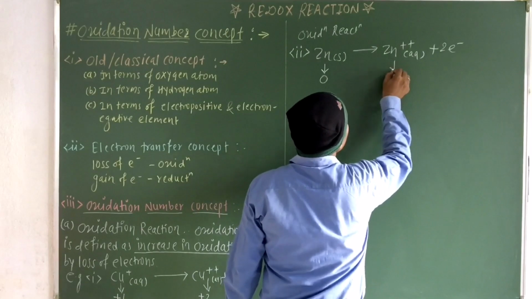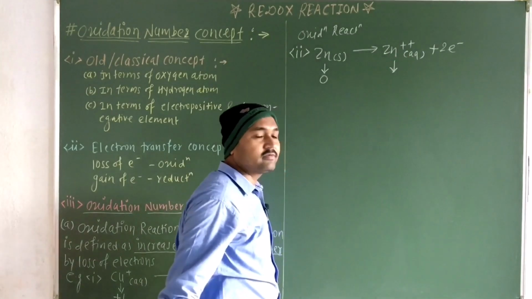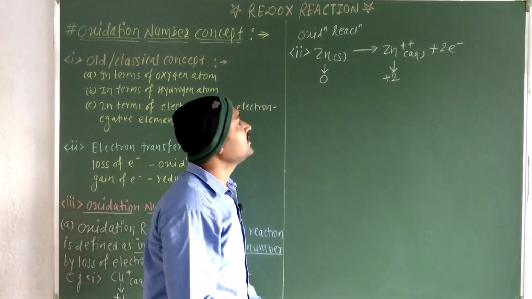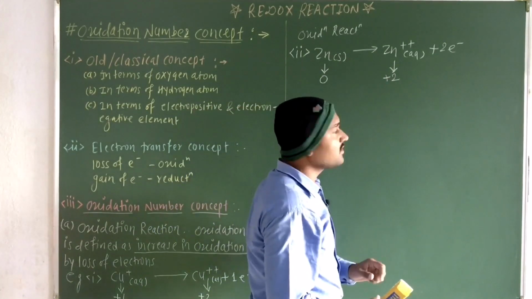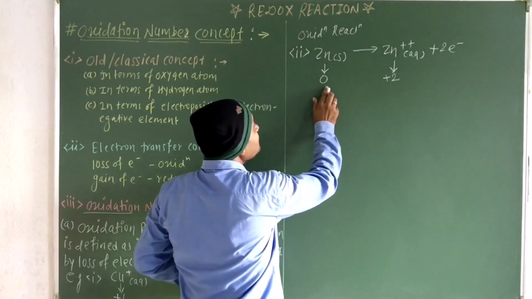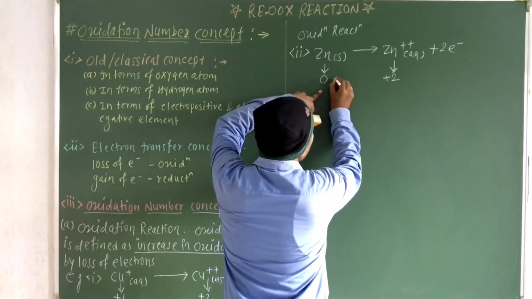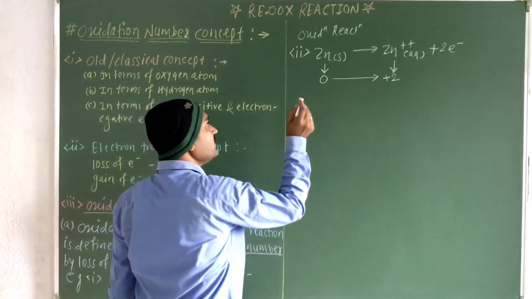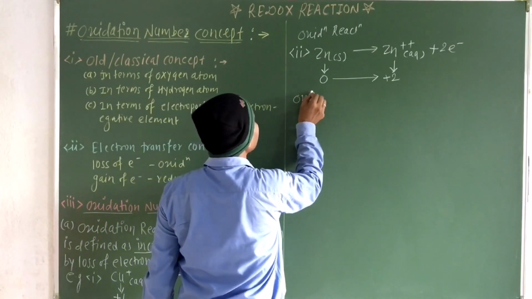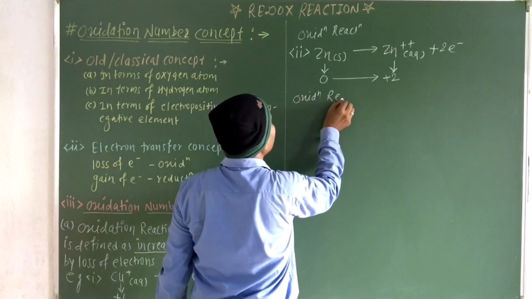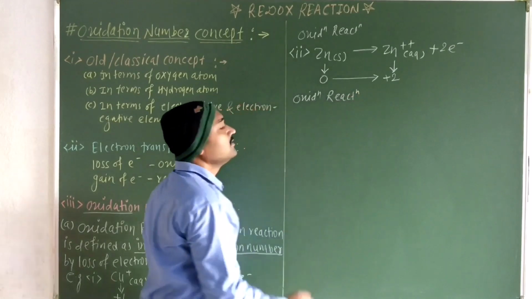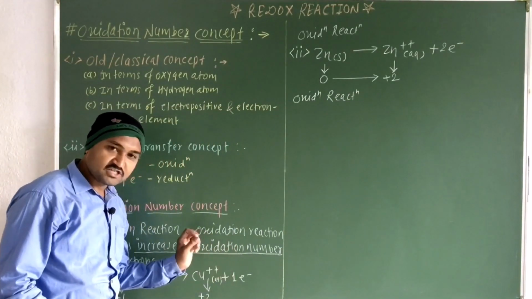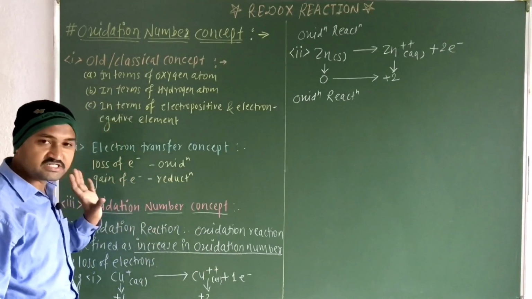Now this Zn2+ is nothing but a monoatomic ion, so the charge on it is +2, and that is nothing but its oxidation number. So obviously the oxidation number increases from 0 to +2. So this process will again be the oxidation reaction. That is a very simple definition. Increase in oxidation number is nothing but the oxidation process.